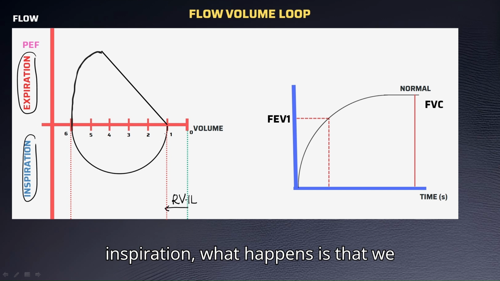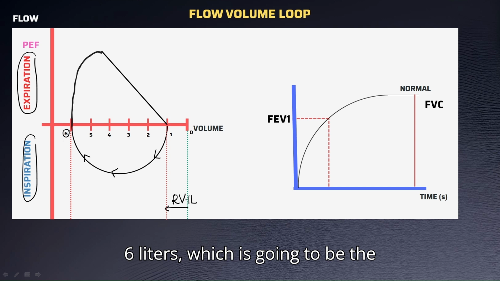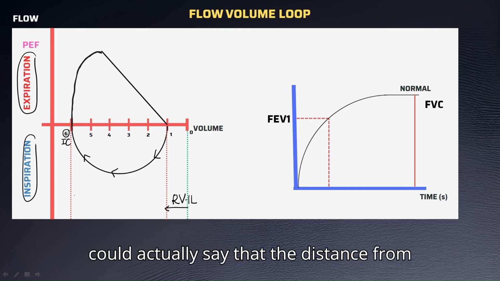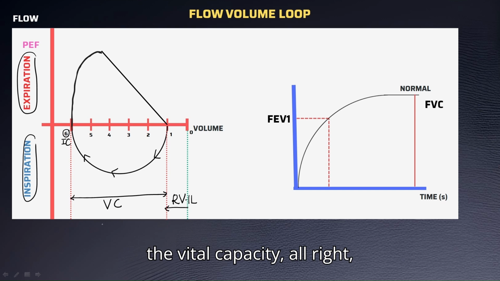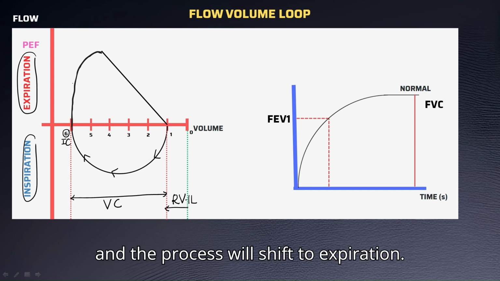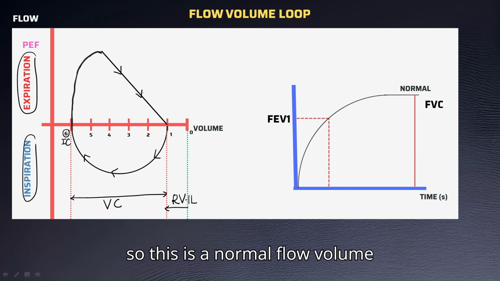So on inspiration, what happens is that we start to breathe in and we increase the volume of the lungs all the way to, say, 6 liters, which is going to be the inspiratory capacity. So we could actually say that the distance from here to this part is going to be the vital capacity. All right. And the process will shift to expiration where the lung volume will decrease. And so this is a normal flow volume loop.